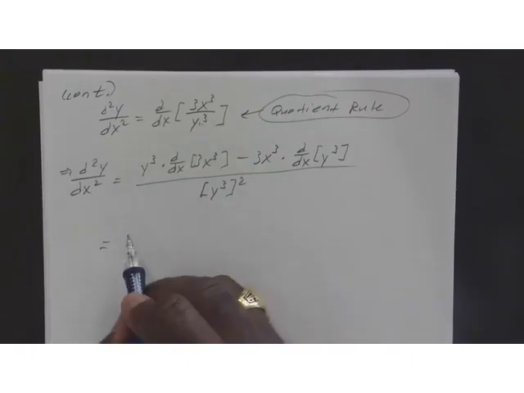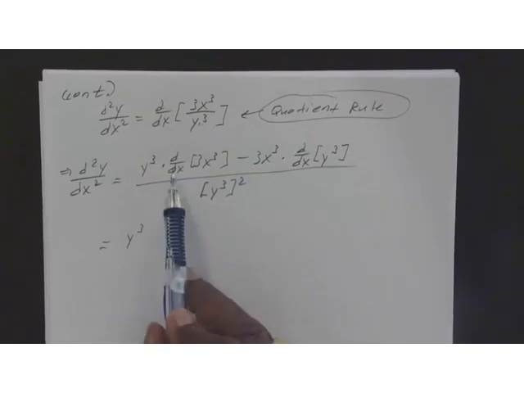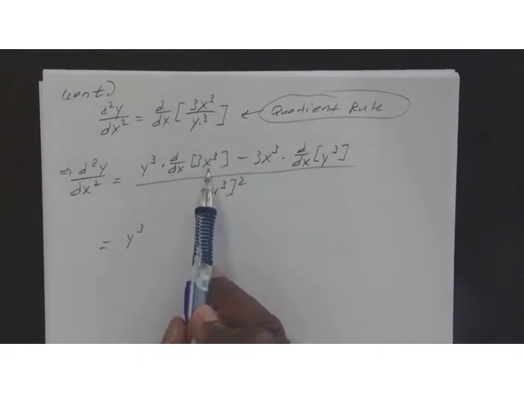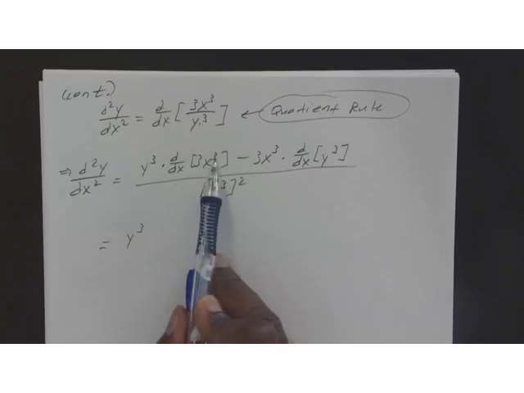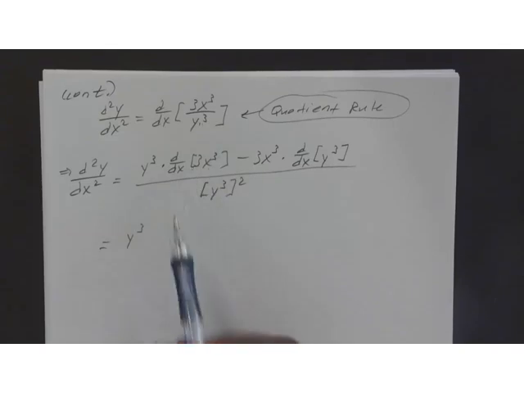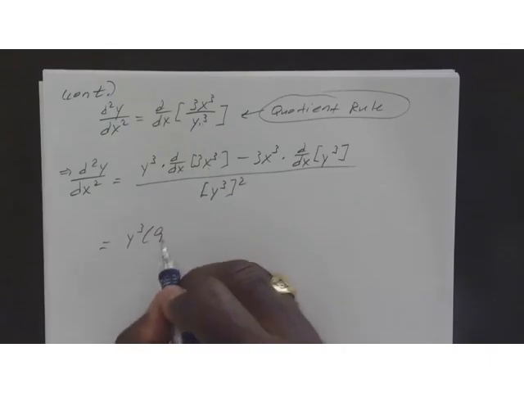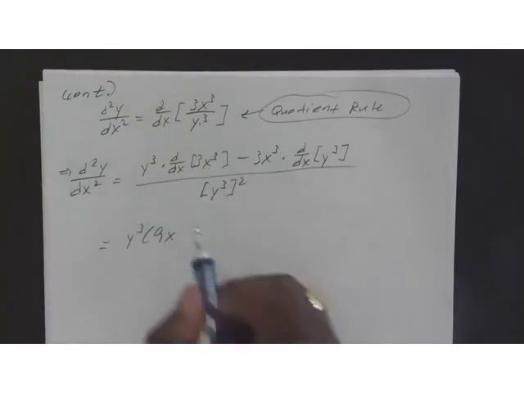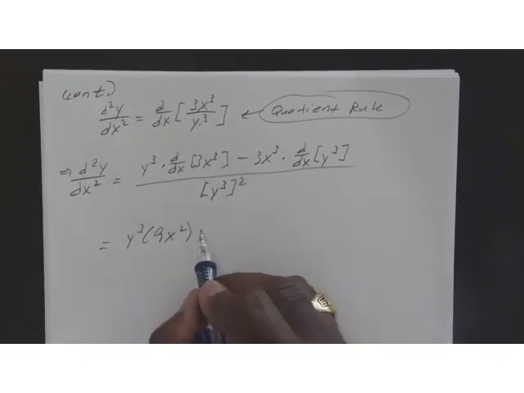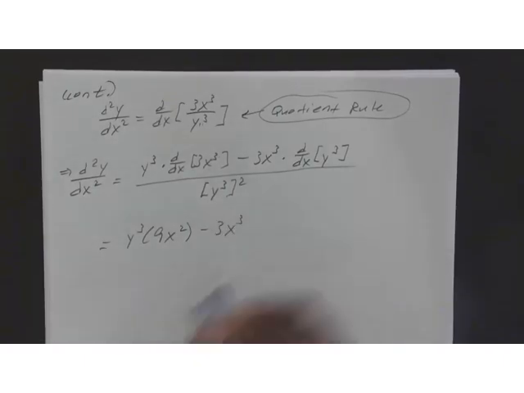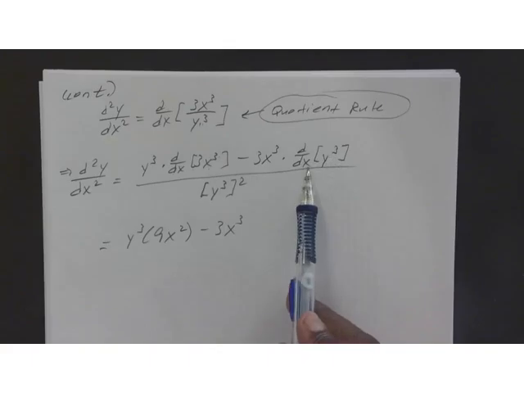Okay, so we have our y to the third power times the derivative of 3 times x to the third power with respect to x. So using the power rule, we bring down the 3. So 3 times 3 is 9 times x to the power of 3 minus 1, which is 2. Minus 3x to the third power times the derivative with respect to x of y to the third power.